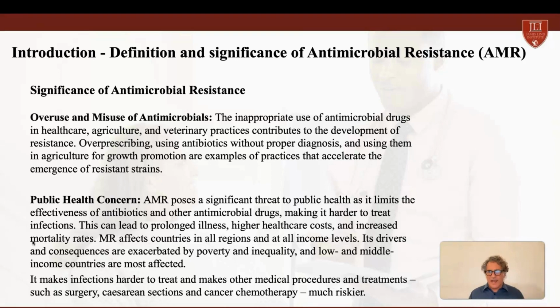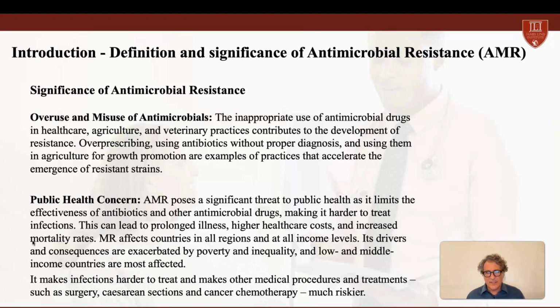So you can imagine how, when a person, if we're talking about human beings, is treated with the wrong antibiotics or has resistance, it means they will take more time to recover from some specific disease, for example, coming from viruses.